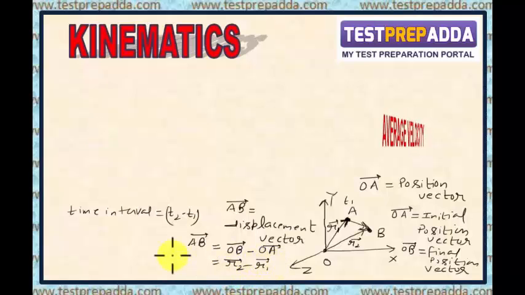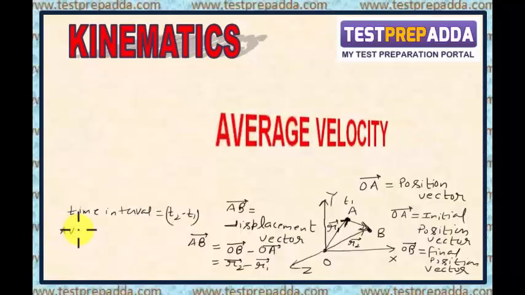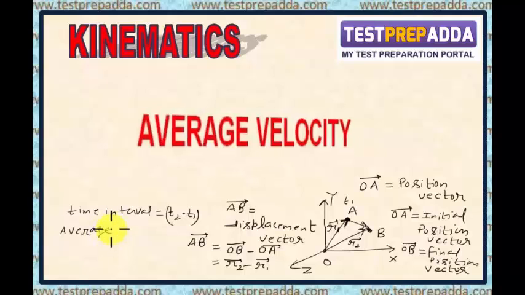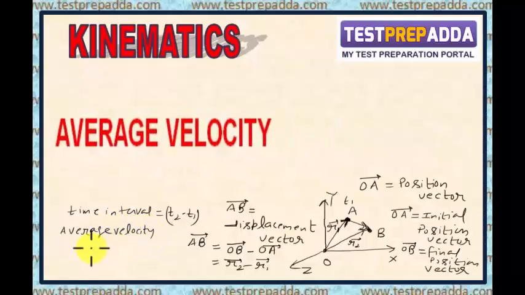So what will be average velocity? Average velocity, or better I say average velocity vector, will be displacement vector, that is r2 minus r1, upon the time interval, that is t2 minus t1.